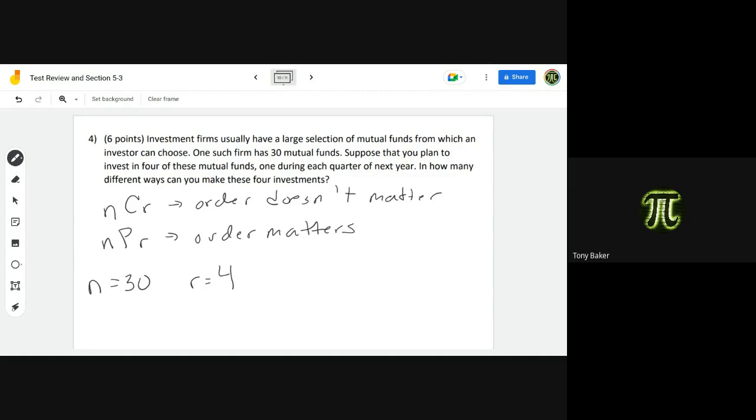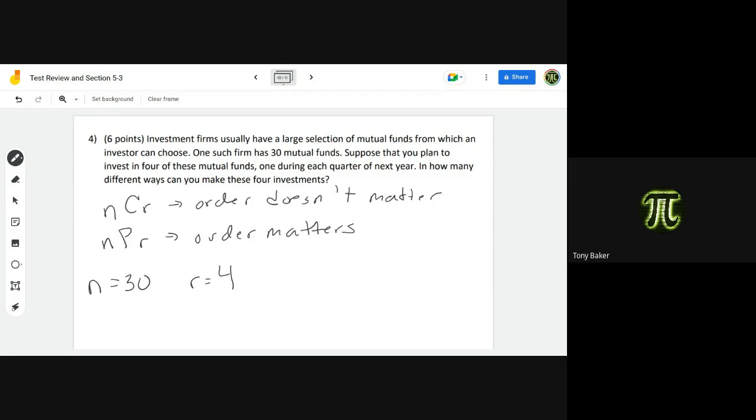Actually, you're right, and that's the key words right there: one per quarter. So think about an investment. When you invest, does it matter? Yes, because it depends on how it does during that time. So time matters when you're dealing with investment. So in this case, order matters.